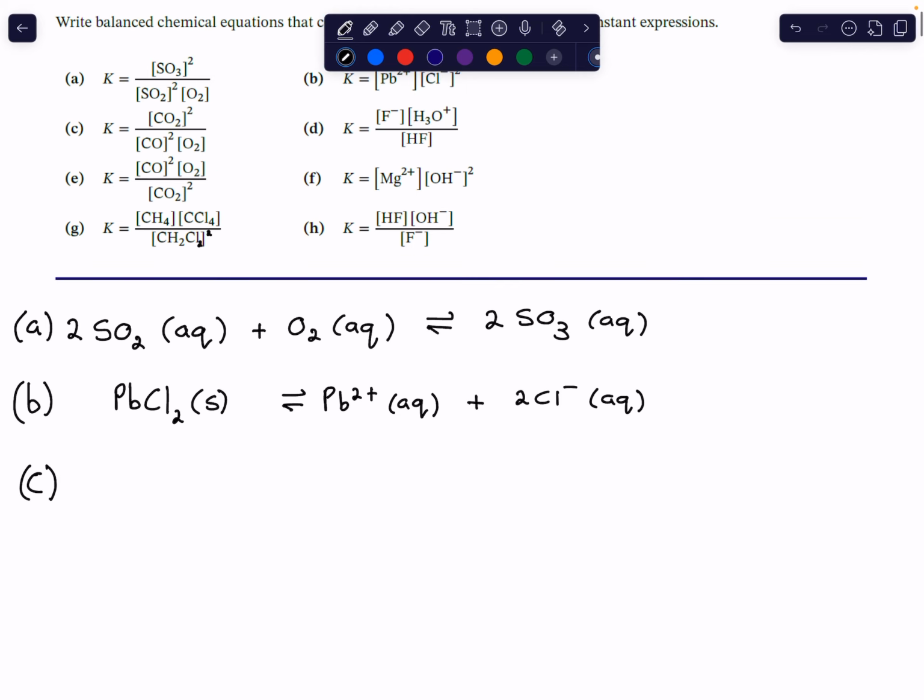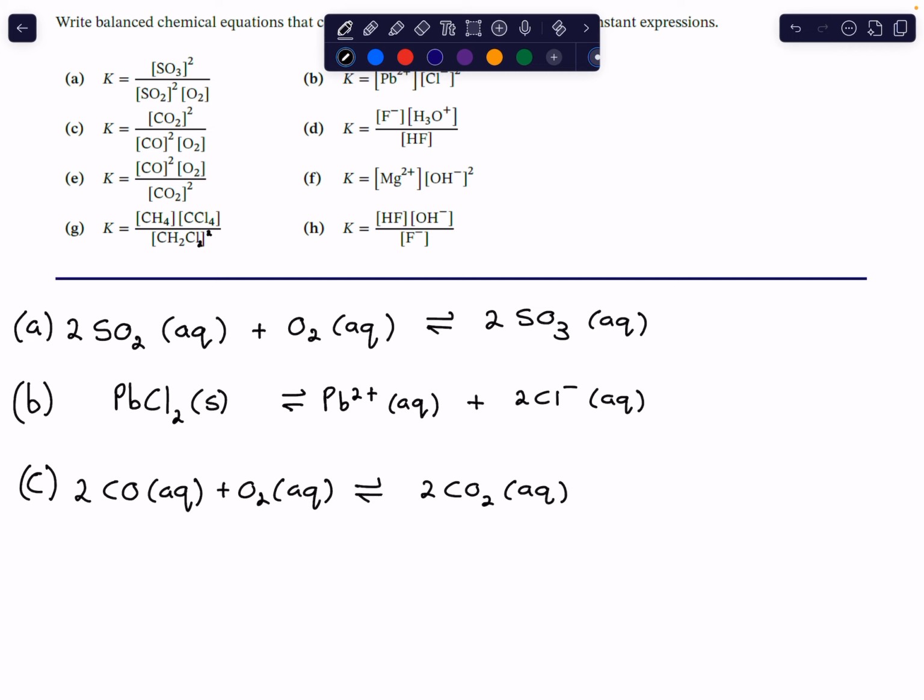So let's look at C. Is there anything that's necessary there? No. So let's just go from left to right. CO aqueous plus O2 aqueous, and then we get 2CO2 aqueous.